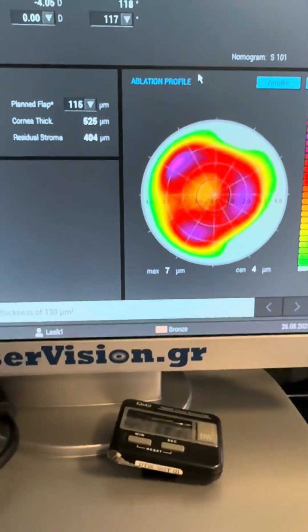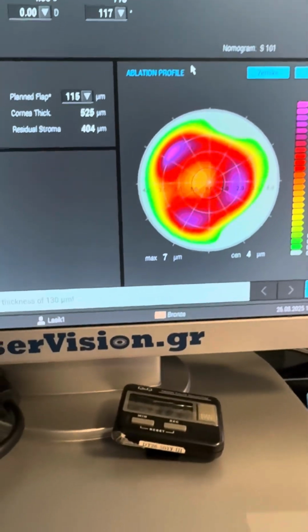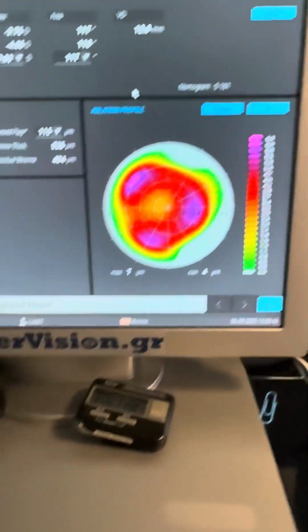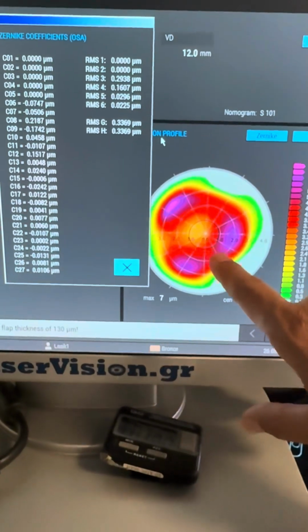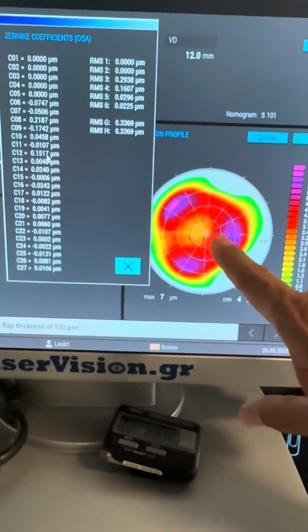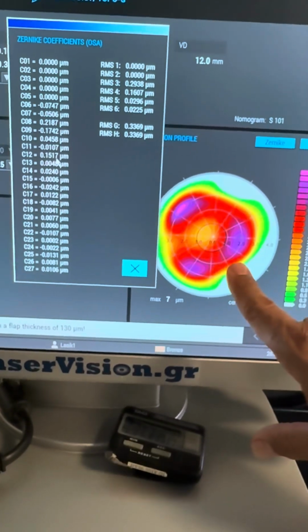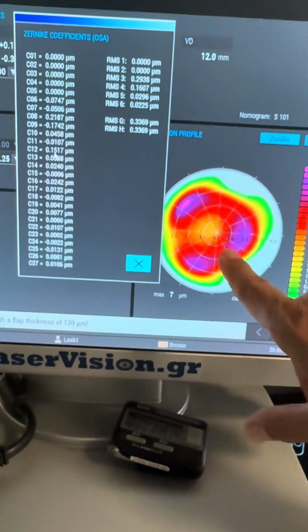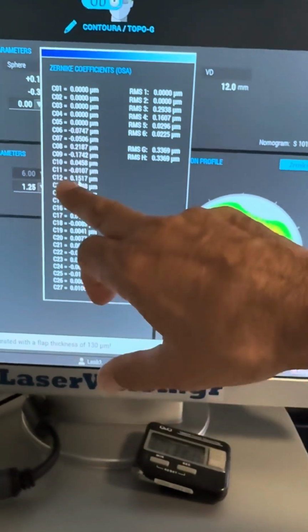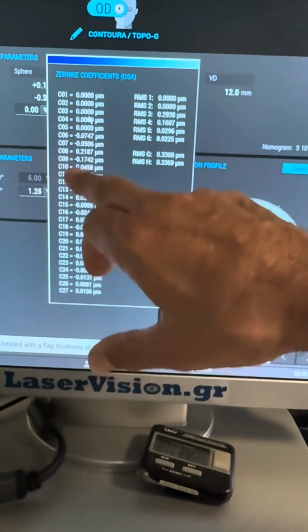TNT is the expected, and Vasu will help us with the keyboard, the expected myopic shift that this Contoura treatment will achieve. And how do we calculate the expected myopic shift? We try and add myopia to the point that C12 will equal C4.